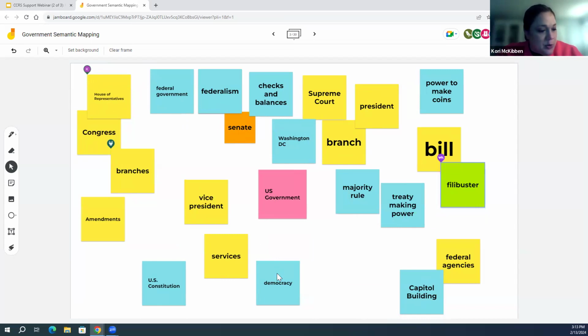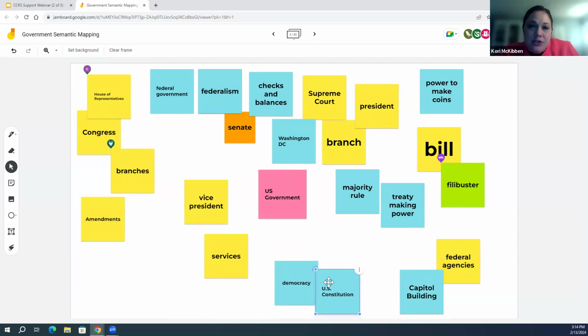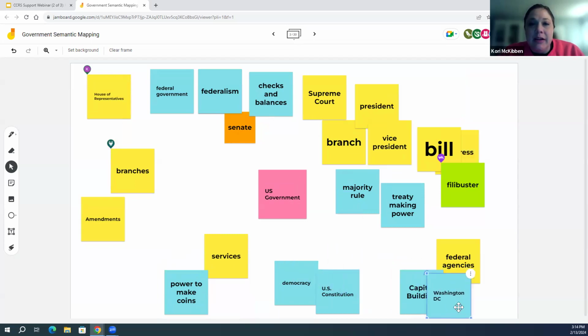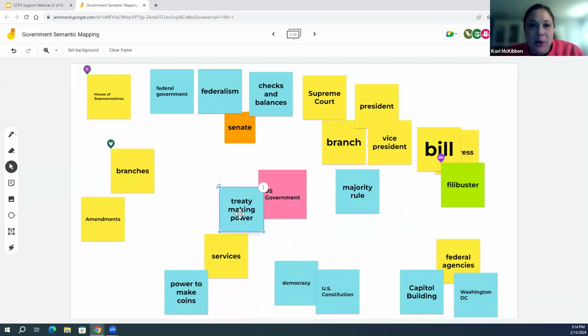The Supreme Court, right, is obviously going to be our judicial branch. And they also evaluate laws. Okay. Oh, and I see too, like the Capitol building in Washington, D.C., right? Like locations, the White House could be added in there.